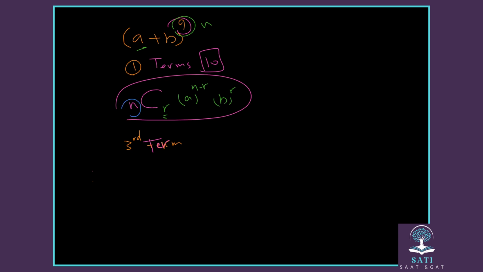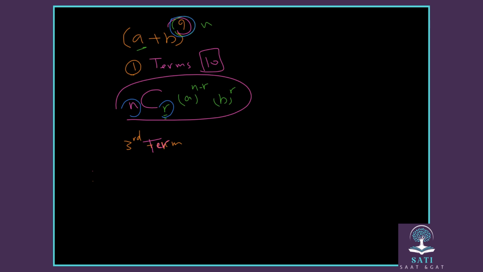What is N? N is the power. N is 9. What is R? If you want to find the third term, that means R is the number minus 1. So 3 minus 1 is going to be 2. So R will be 2. If you want to find the seventh term, that means R will be 6. If you want to find the 10th term, that means R will be 9. Keep that in mind. So R will be the number of the term minus 1. Good.